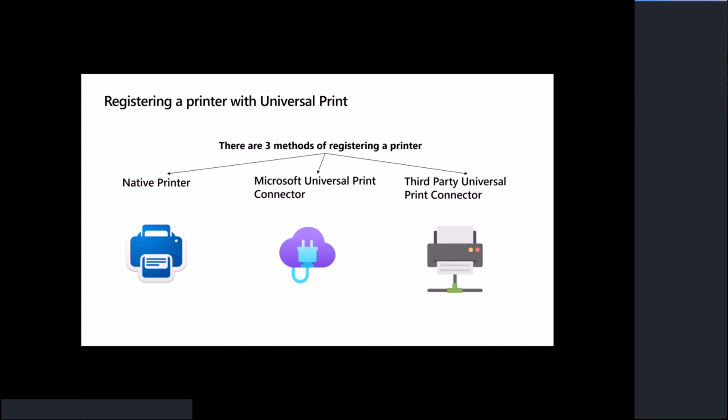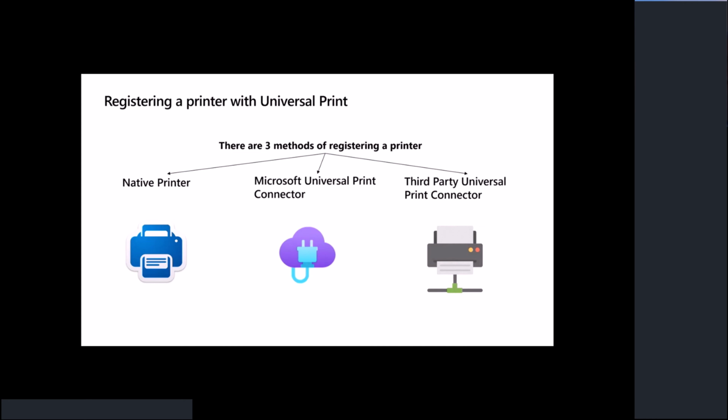And then we also have some third-party connectors. I mentioned PaperCut and a few of the others, Equitrack. They have their own connector so that they can do a lot of their own stuff. The nice thing about the PaperCut connector is it supports Azure Active Directory usernames natively.